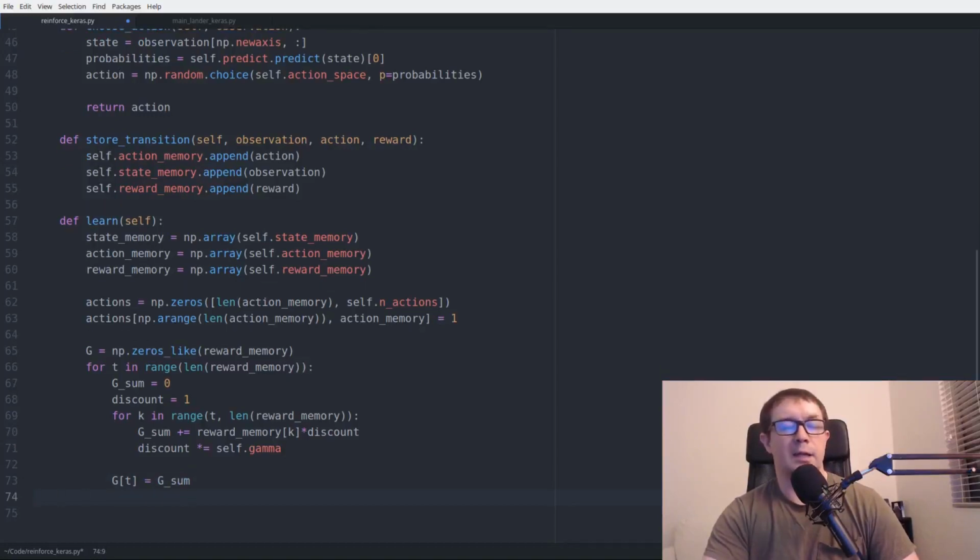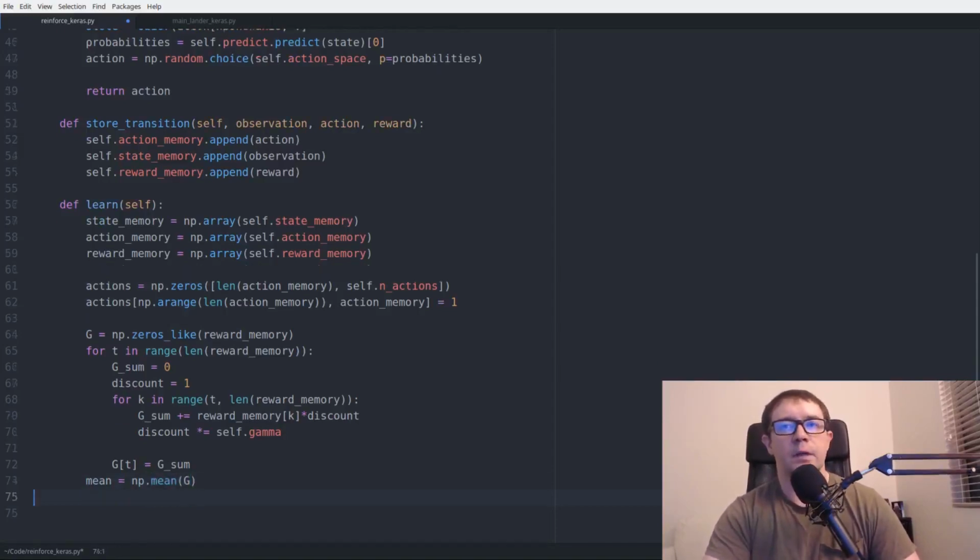And at the end of all steps in the episode, we want to scale our rewards. This promotes stability because the rewards in general can have very different scales. And as you know, neural networks don't like unscaled inputs. This algorithm, by the way, is called reinforce with baseline. So this is the baseline, the mean and standard deviation: np.mean of G, and the standard deviation is the standard deviation of G if that is greater than 0, else 1, because the standard deviation could be 0.